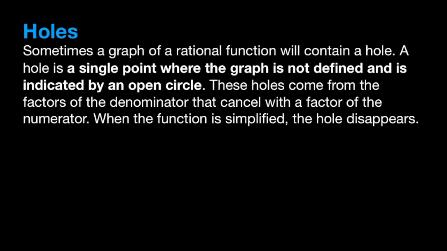Whenever you have factors of the polynomial in the numerator and the denominator that cancel each other out, it is going to create a hole. It's not going to be a vertical asymptote based on one of the zeros, because you're able to cancel the factor of the denominator with the numerator, so you're going to get a hole. And you can see that in the previous example.